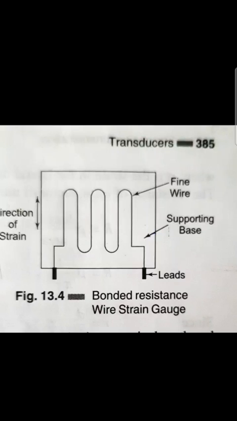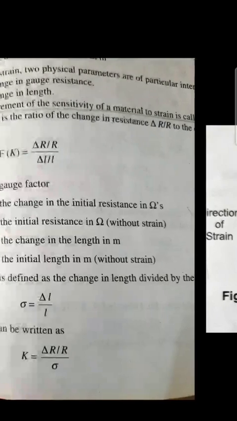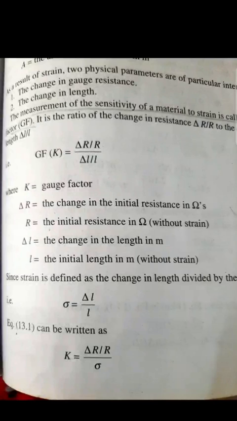As a result of the strain, two parameters are of particular interest: the first is the change in the gauge resistance and the second one is the change in the length. The measurement of the sensitivity of the material to the strain is called the gauge factor. It is the ratio of the change in resistance to the change in length, delta L divided by L.